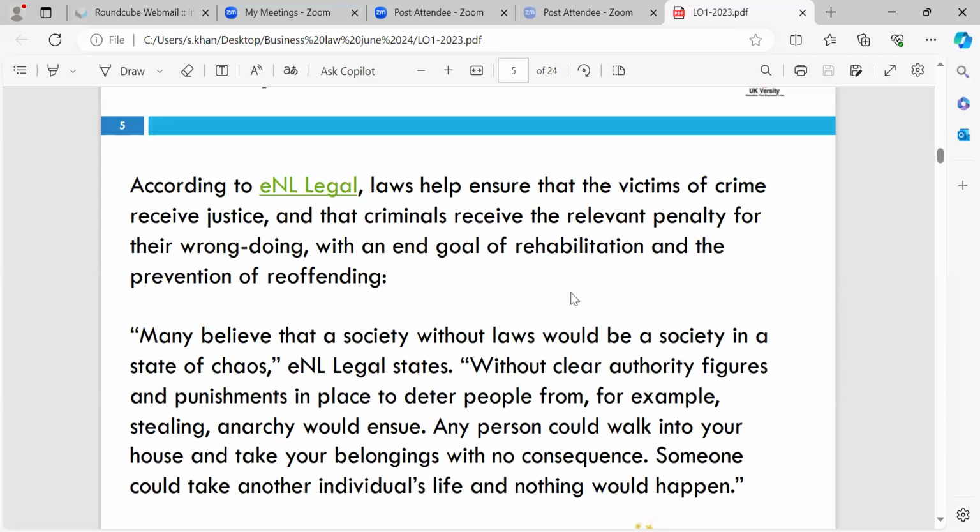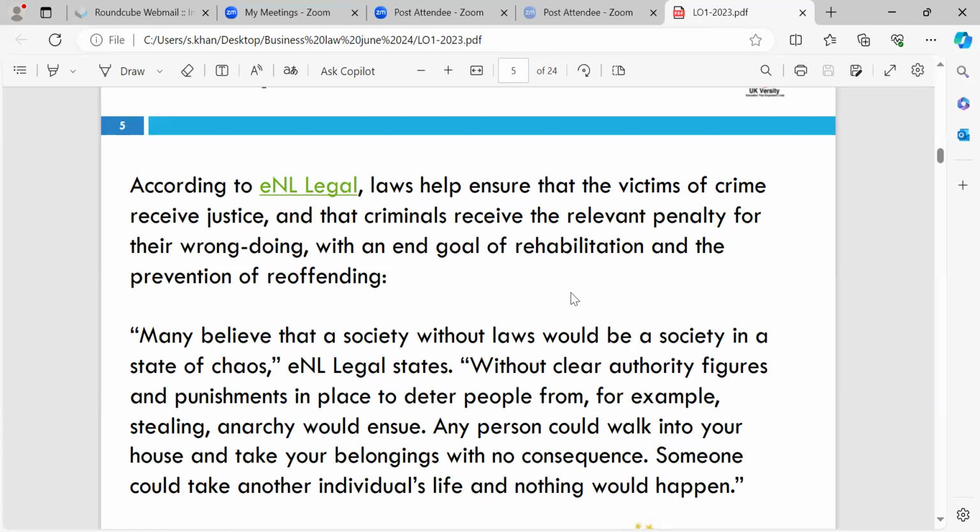When we look at the purpose of law, each type of law serves a distinct purpose and establishes a particular set of rules, regulations and principles in the UK system. So there are different laws and values in place.